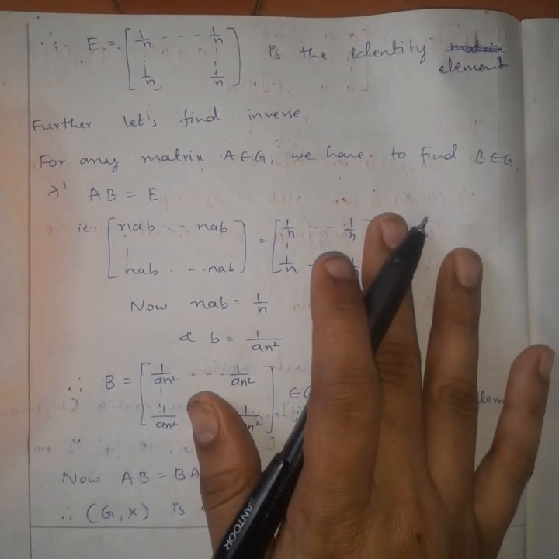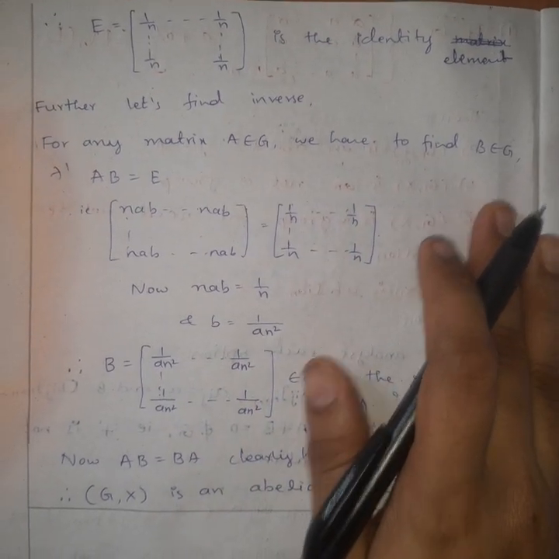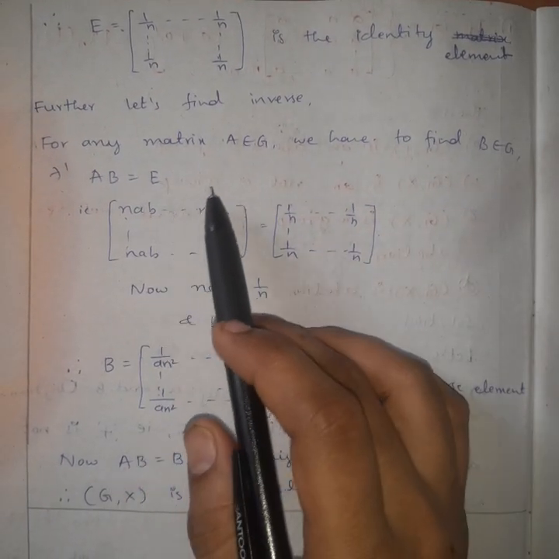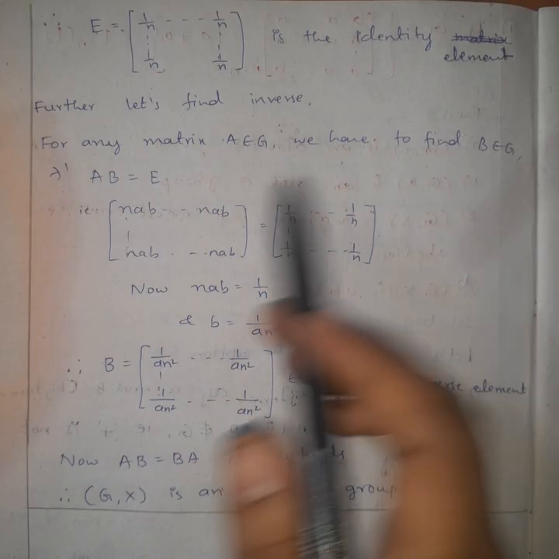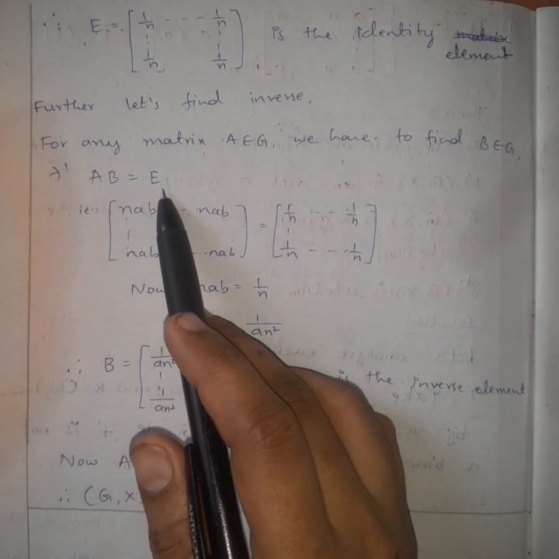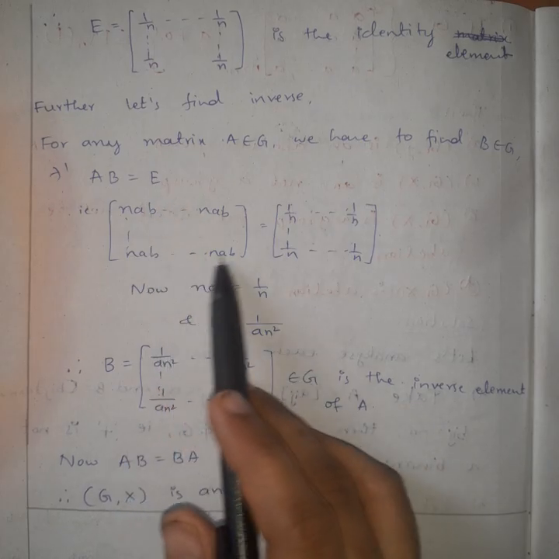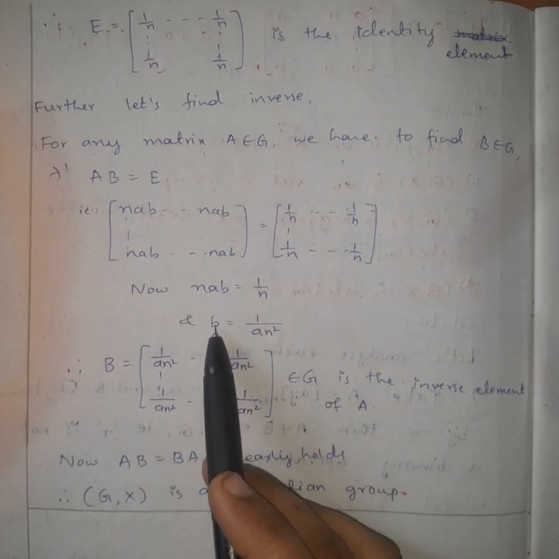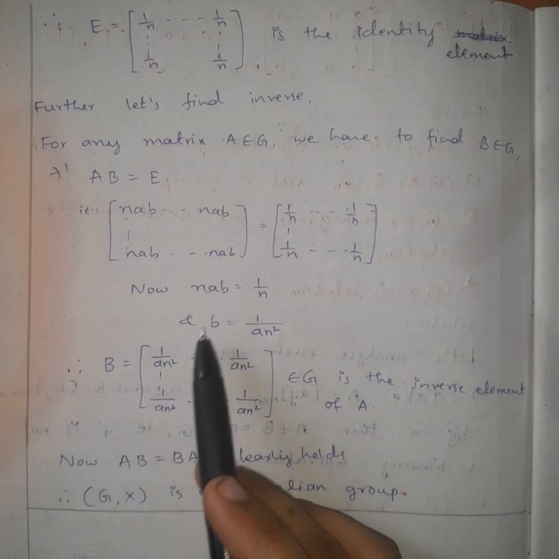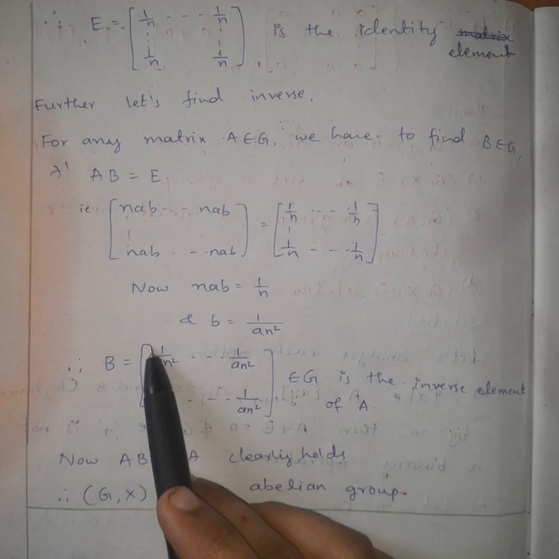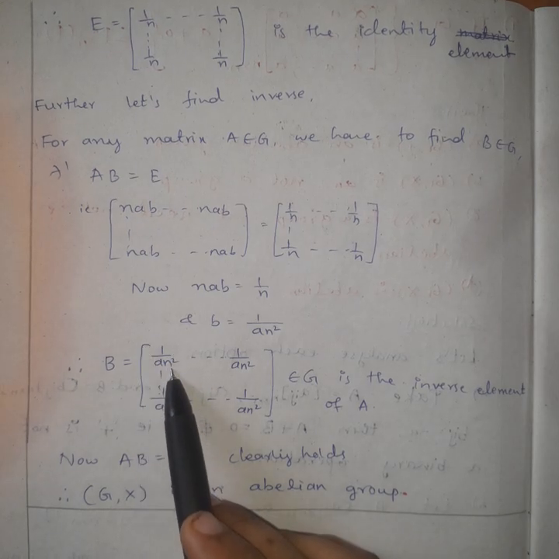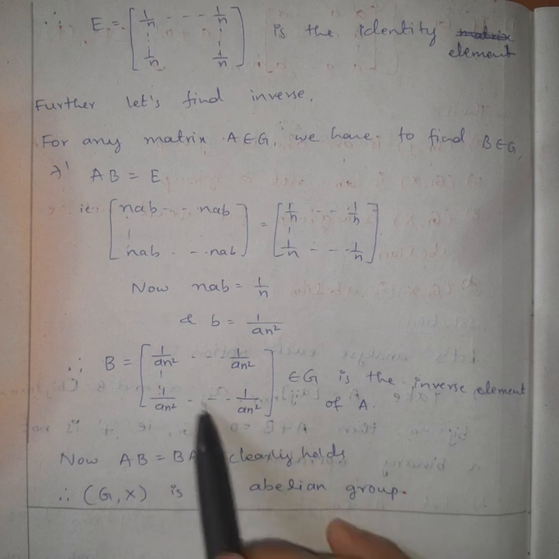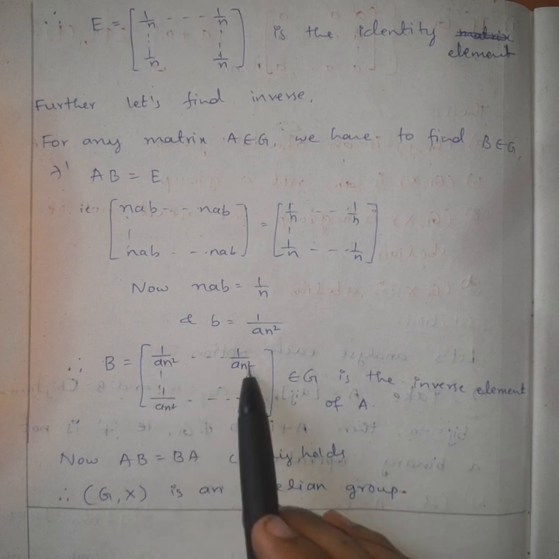It is not the identity matrix, but the identity element for this set. Now further let us check whether the inverse element exists or not. So inverse means for any A belonging to G, we have to find a B belonging to G such that A into B gives the identity element E. So equating it, I will get the inverse element, matrix B, as having each entry 1 by n squared a. It is an n by n matrix with each entry 1 by n squared a.